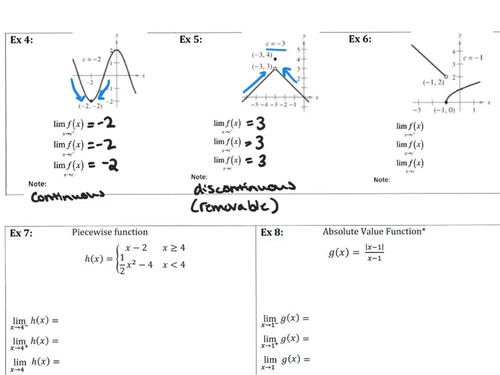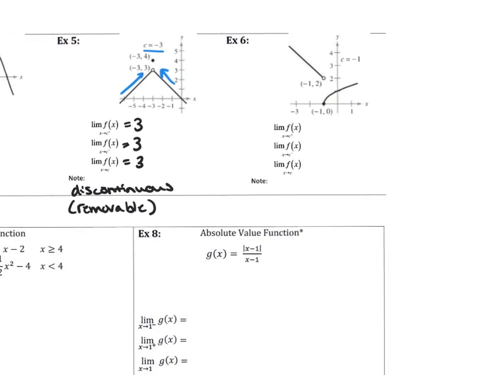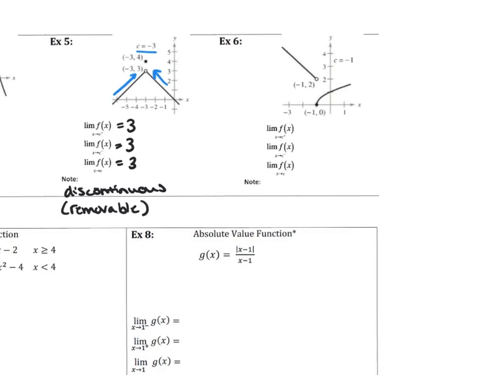All right, in example number 6, we're looking as x approaches -1. The limit from the right, our y value is approaching 0. The limit from the left, our y values are approaching 2, which means that our limit does not exist.